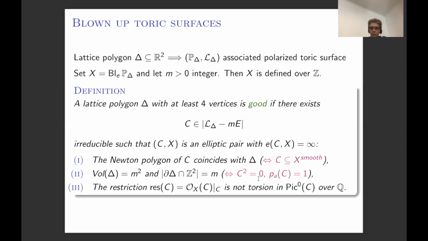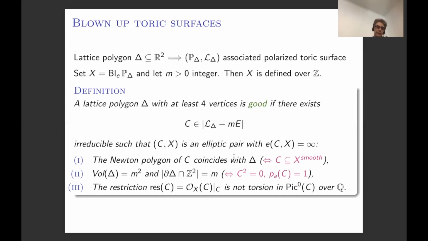The self-intersection being 0 is equivalent to the self-intersection of L delta being M squared. This is what we call the volume of delta. It is actually twice the area of the polygon delta. And then a small calculation shows you that the arithmetic genus of this curve being 1, since we already assume C squared is equal to 0, comes down to exactly the condition that there are M lattice points on the boundary, on the edges of this polygon.